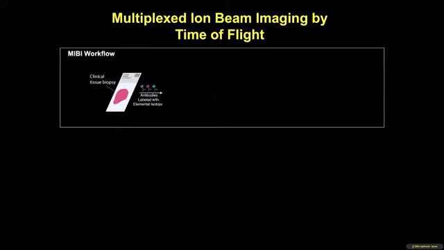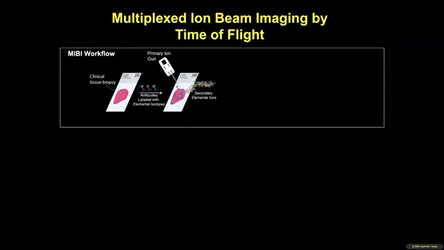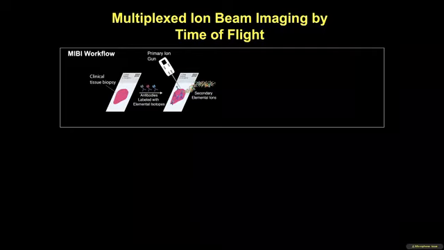The sample's then washed and dried out, and it's put into a vacuum chamber where the image is raster scanned with a primary ion beam. So this ion gun produces charged ions, whether it's xenon or gold or anything like that, that are focused down to a really small spot size, on the order of anywhere from 200 nanometers up to a micron.